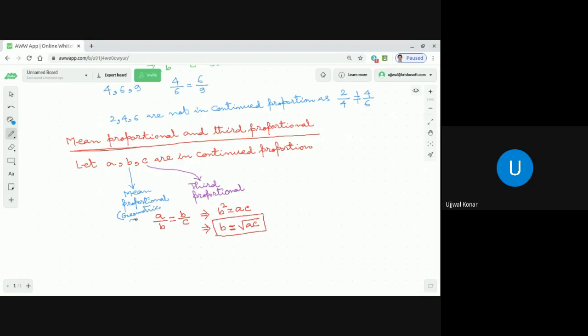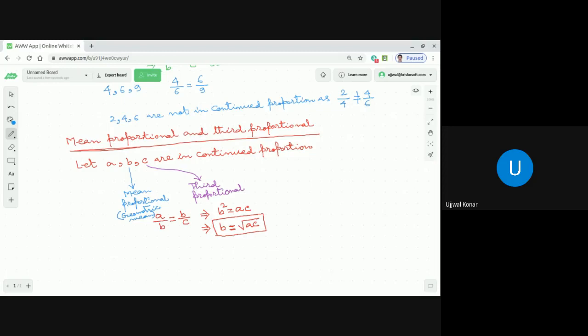Geometric mean of whom? Geometric mean of A and C. Okay, just remember the term. Later, when we discuss different progressions, arithmetic progression, geometric progression, these are not in your syllabus. Then we will discuss geometric mean in detail.